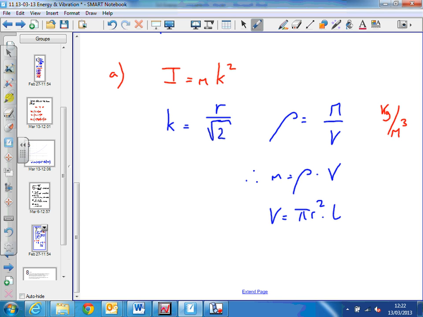Yep. Do we know the radius? Yeah, we do in a way because we're given the diameter. And do we know the length? Yes, that's the thickness. Okay, so we can find the volume. Once we've got the volume, we can find the mass. And then we can plug those two things, the mass and the radius of gyration, in here to find the moment of inertia. So would you like to go ahead and do that?